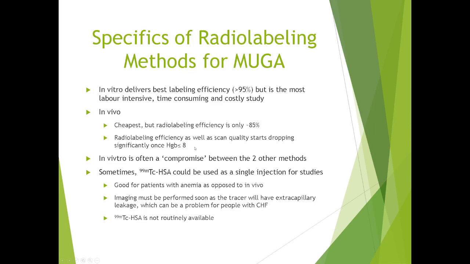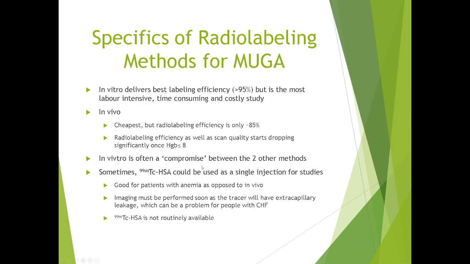Radiolabeling efficiency can also drop even further, for example, if somebody's anemic, specifically if their hemoglobin is 8 or lower. And modified in vivo imaging is considered a compromise between the other two methods in both efficiency, labor intensity, and cost.